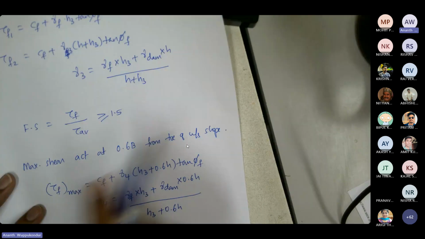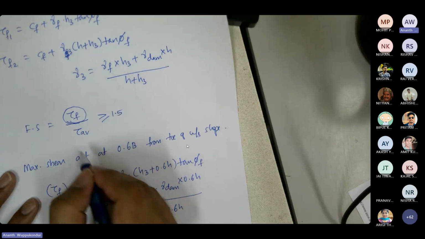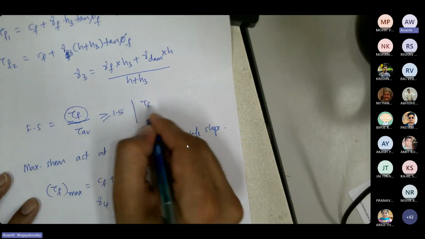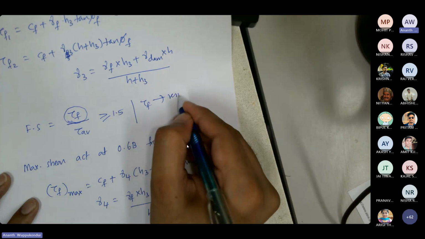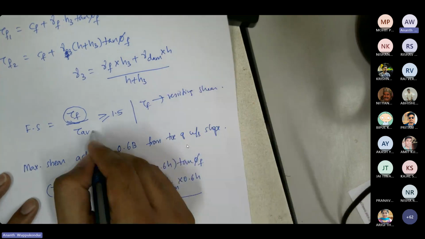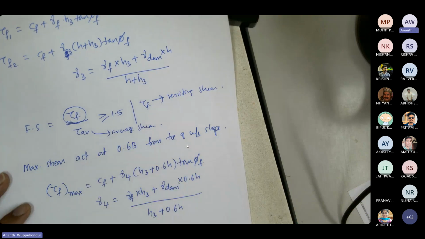Once you have the average of the resisting shear stresses, the factor of safety is tau F, the resisting shear, divided by the average shear. This has to be more than or equal to 1.5.